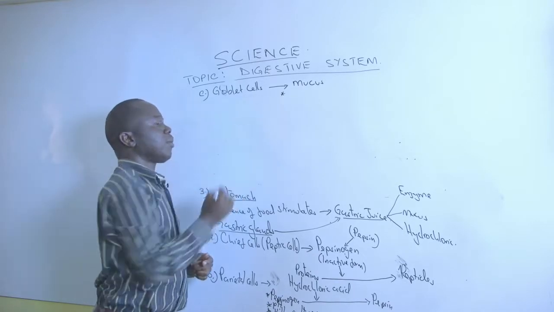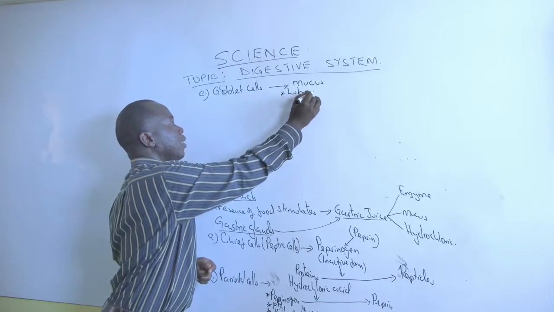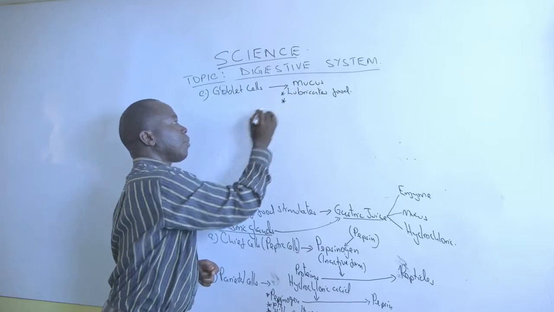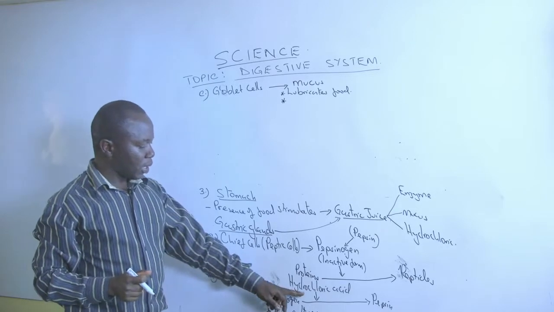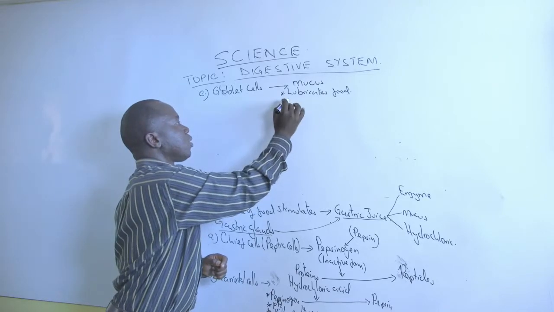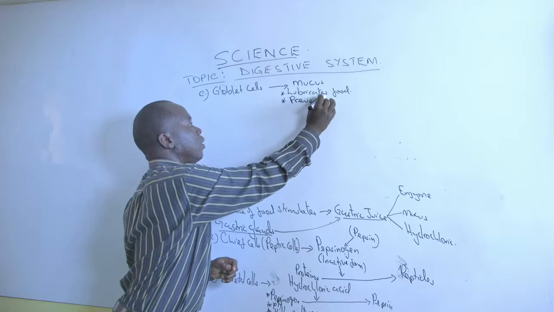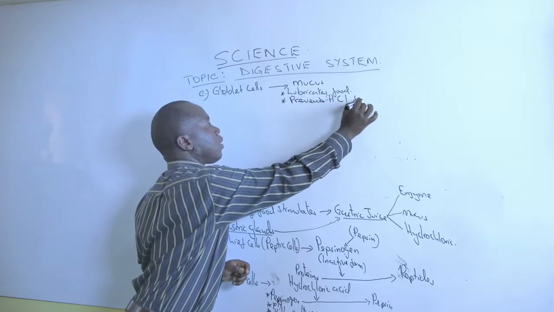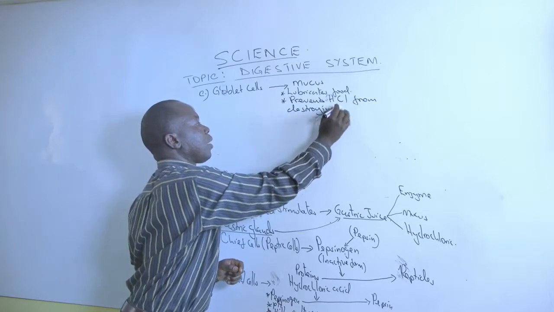As we have mentioned, in the mouth, it lubricates food. But in the stomach, the major role of mucus is to prevent hydrochloric acid from destroying the stomach lining.